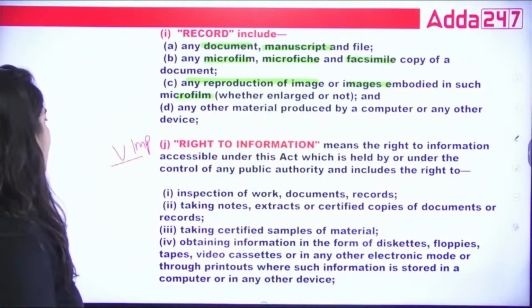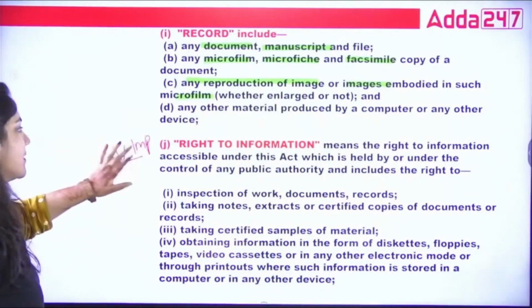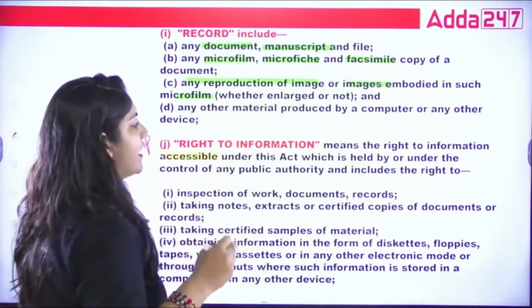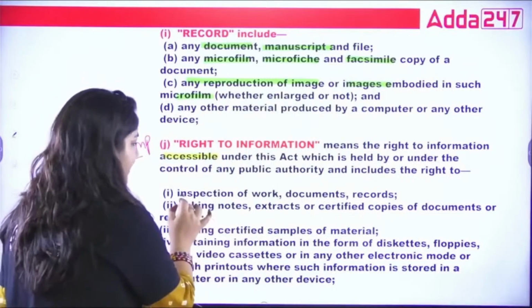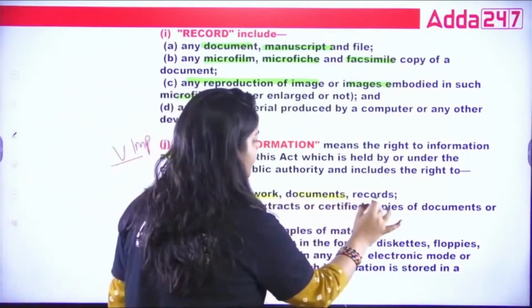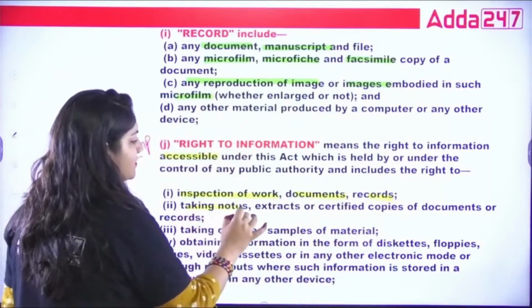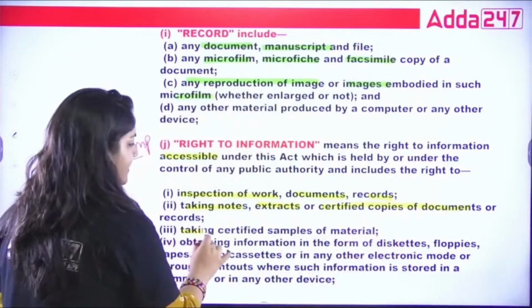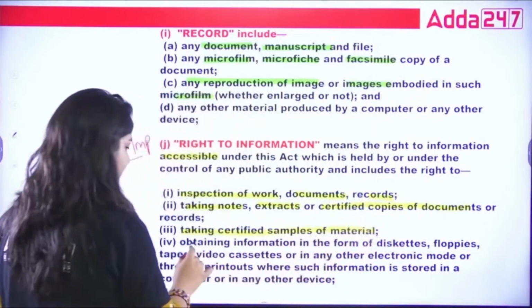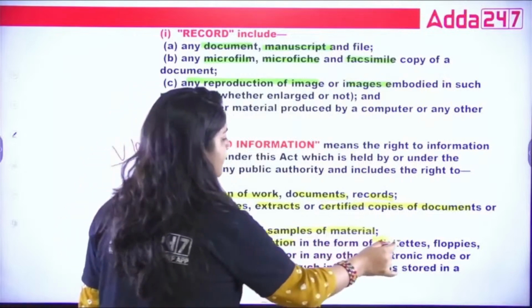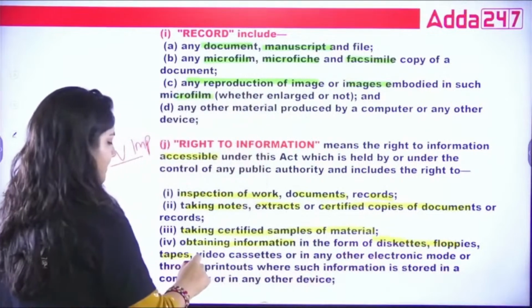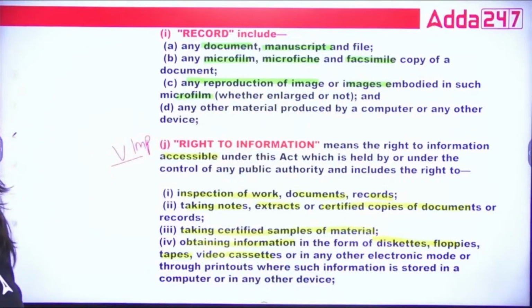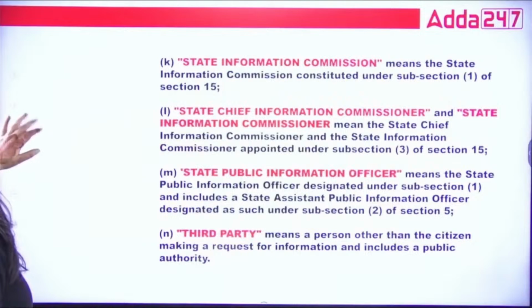Okay, now what is right to information? So guys, right to information means any information that is accessible under this act: any inspection of work, documents, record, taking notes, extract, certified copy of documents, taking certified sample of material, obtaining information in the form of disc, floppy, tapes, video cassettes, etc. So these are the right to information, and some more examples are also there.